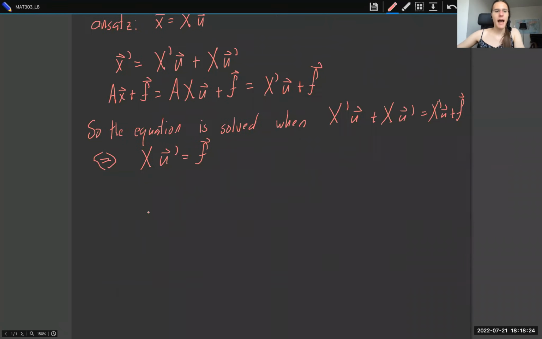But in fact, if the x1 through to xn are linearly independent functions, then they will be pointwise linearly independent.